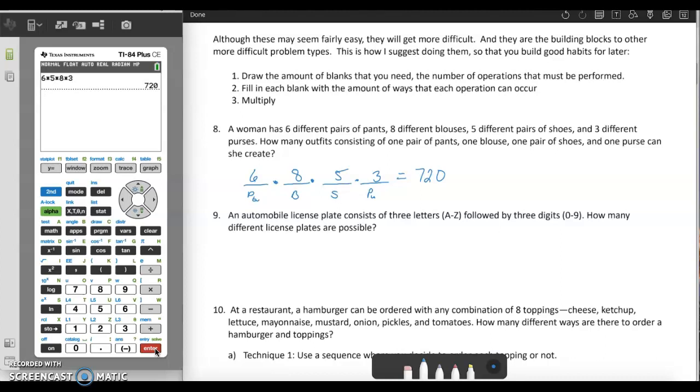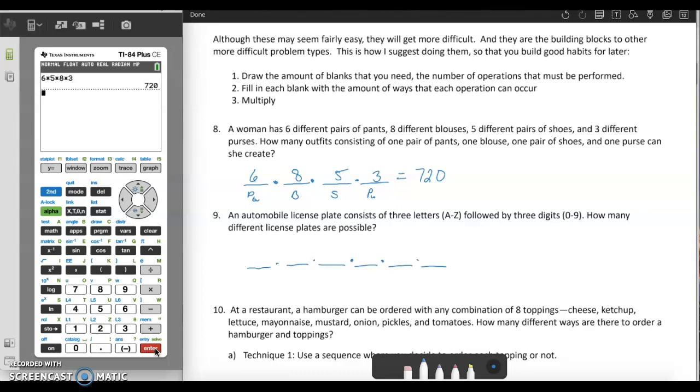Okay, what about a license plate that is going to consist of 3 letters A through Z, followed by 3 digits 0 through 9? How many different license plate combos are possible? Okay, so there are going to be 3 letters, so I need blank times blank times blank for that, and then 3 digits, so 3 more blanks, times blank times blank times blank.